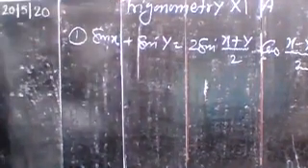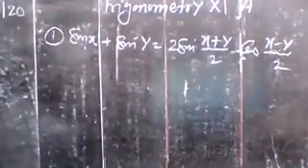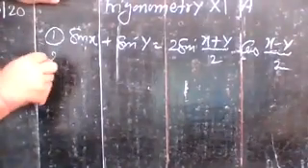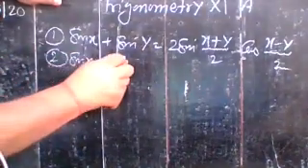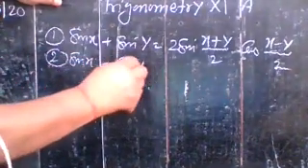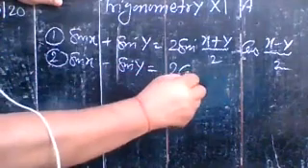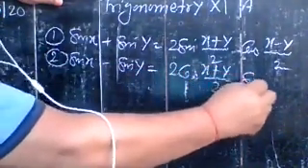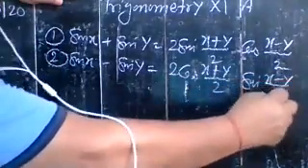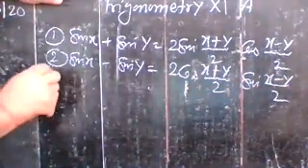Yes, write it. Now the second identity: sin x minus sin y is equal to 2 cos (x plus y) by 2 sin (x minus y) by 2.